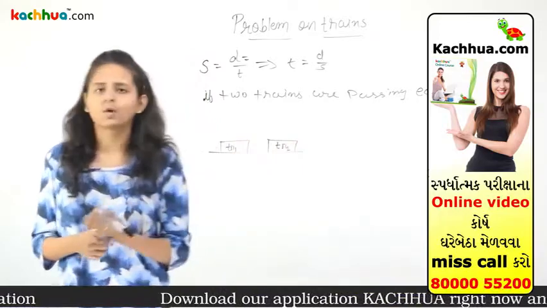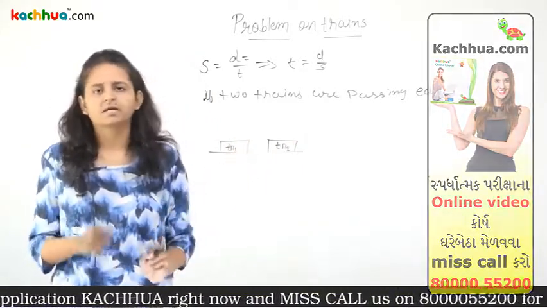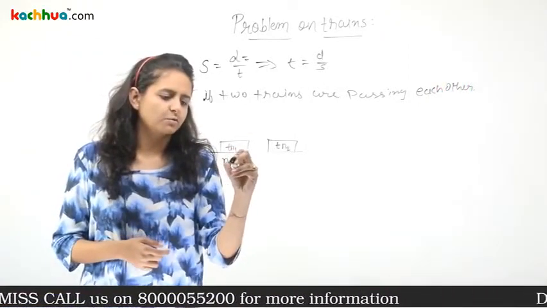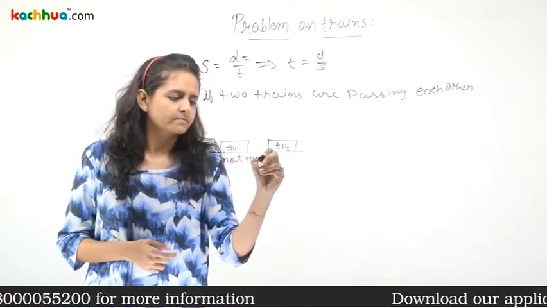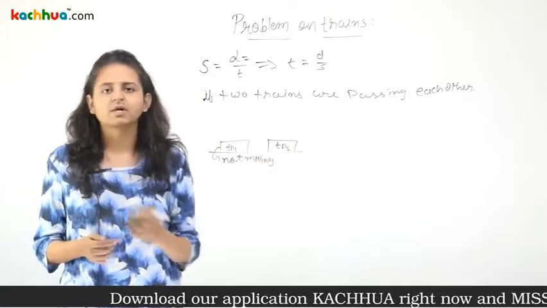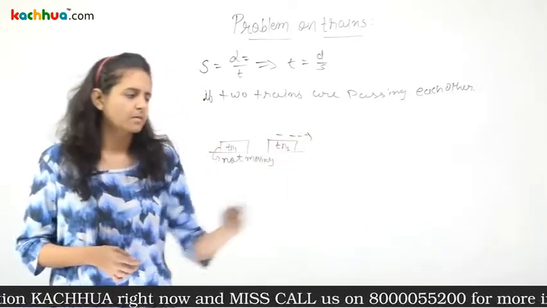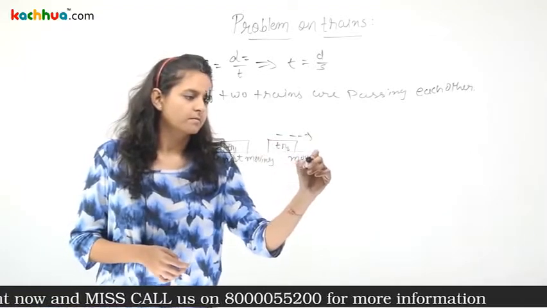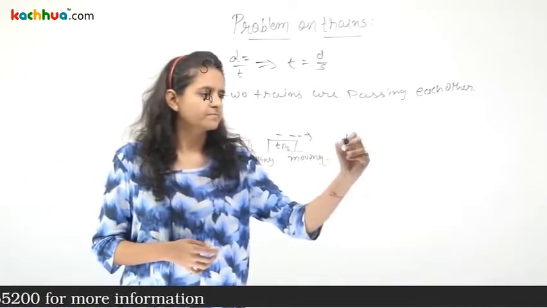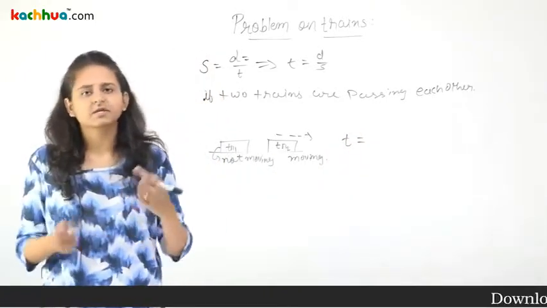If train 1 is not moving, I'll write not moving, but only train 2 is moving in this direction, then the time will be equal to, as we know, time equals distance upon speed.